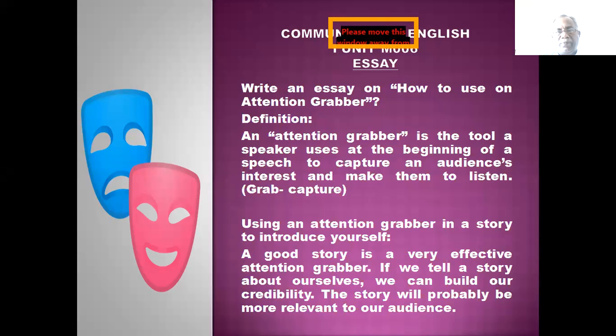Attention, you know very well. When someone is talking or chatting or speaking, you need to bring their attention towards you. That is the attention. And the grabbing is merely capturing or attracting towards yourself.